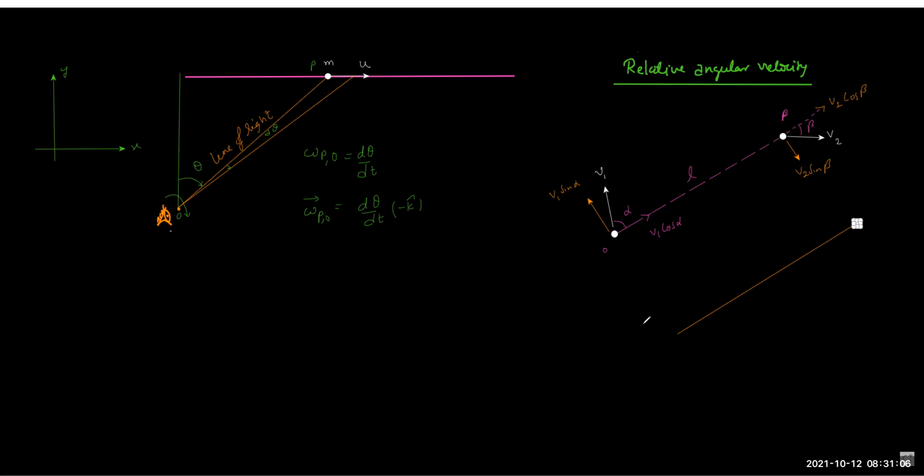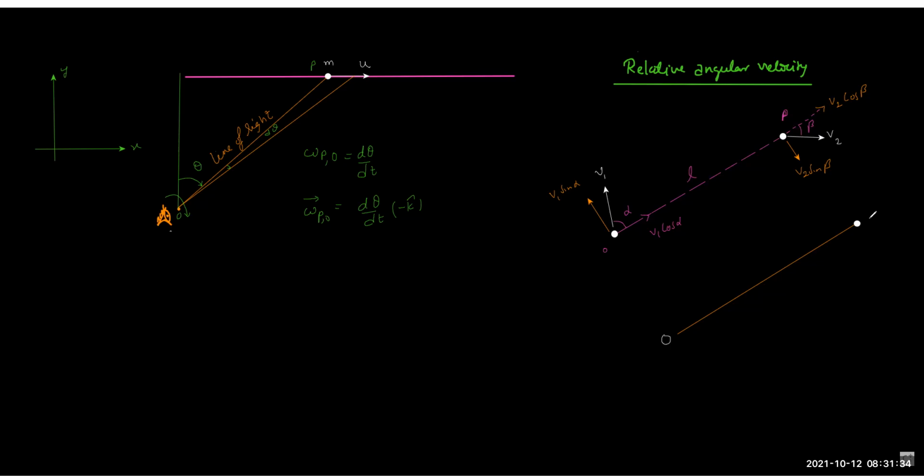With respect to this origin, and this as a particle P, we need to reassign the velocities using the concept of relative velocity.